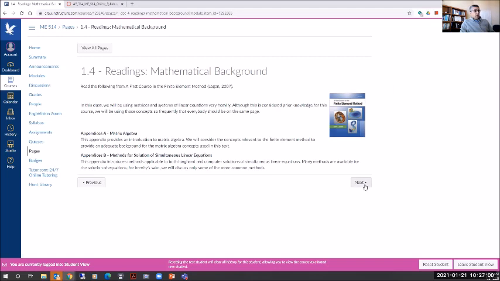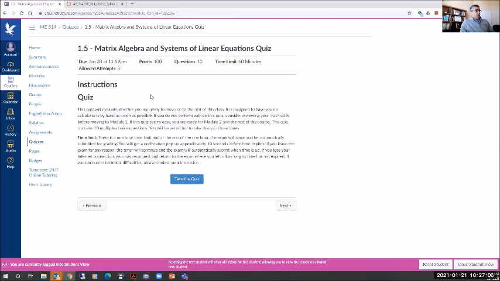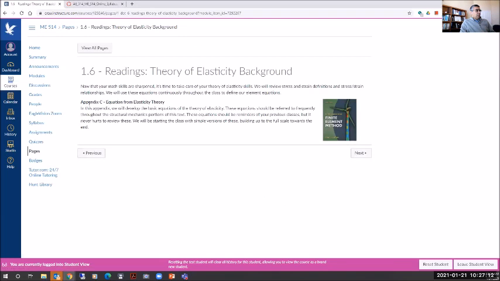And I might provide some additional material as needed. After that, you should be ready to take the quiz here. And finally, you are going to read Appendix C, which is a review of equations from the elasticity theory that we're going to be using some of in this class.